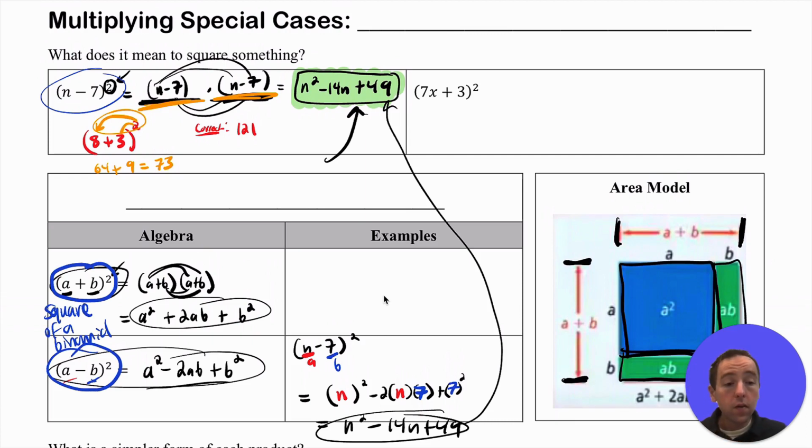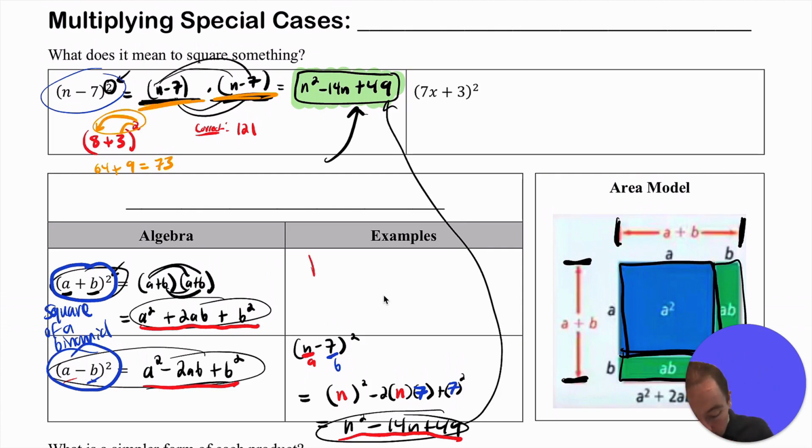So when you simplify out the square of a binomial, you're going to end up getting an expression like this, a squared plus 2ab plus b squared. Or when we did the n minus 7 quantity squared, we ended up getting something like that, which was the result of squaring a binomial, right? And whenever in math you multiply something with itself, you get what we call a perfect square.